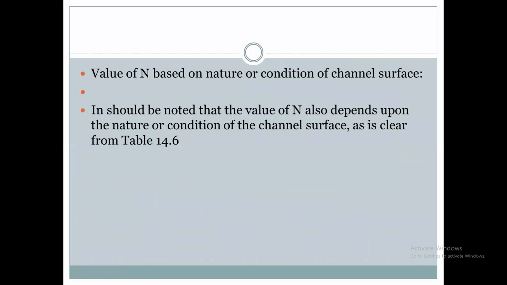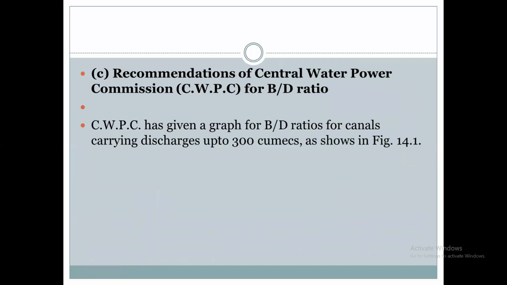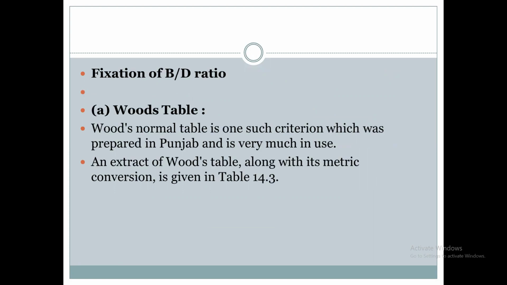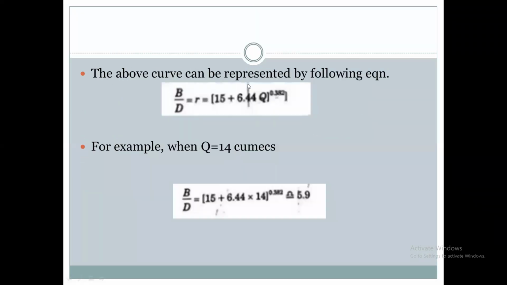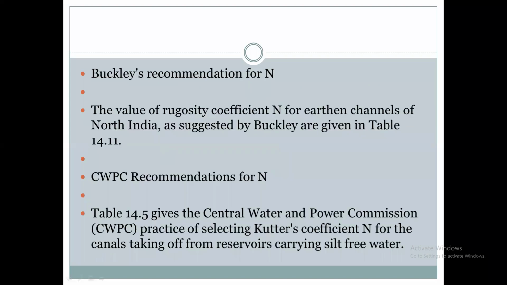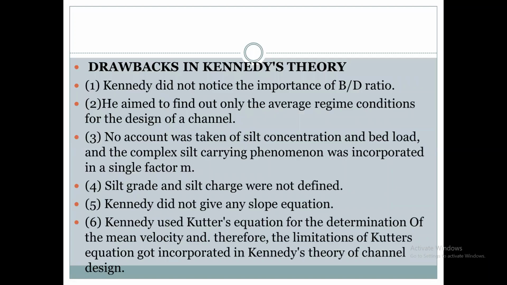You have seen how this B/D ratio is fixed. That is given by CWPC, Central Water Power Commission. Then from Woods table, we decide the B/D ratios. So this is the first drawback in Kennedy's theory.